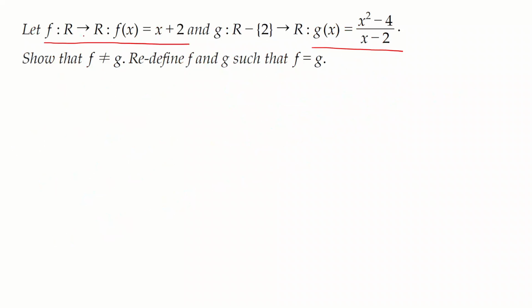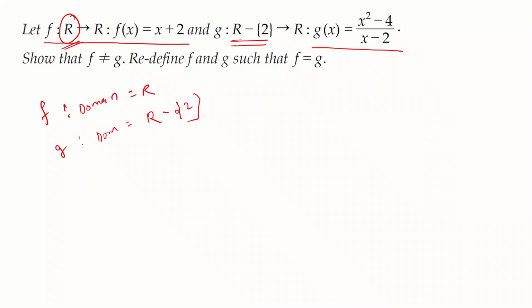Remember that the left hand side set is called the domain. So here the domain is the entire real line for f. And for g, the domain is the entire real line but excluding 2. So for g, the domain is R minus 2.